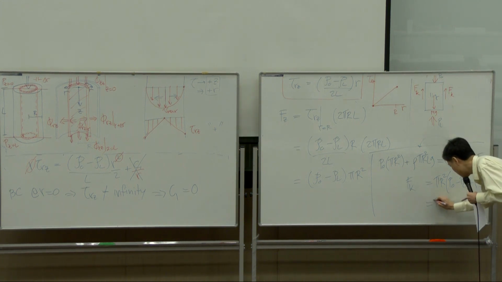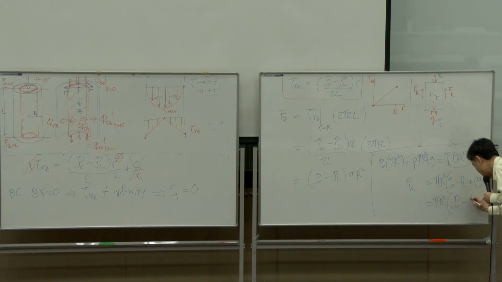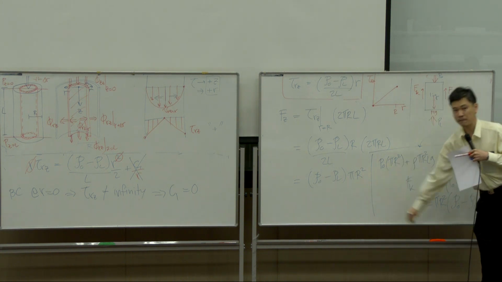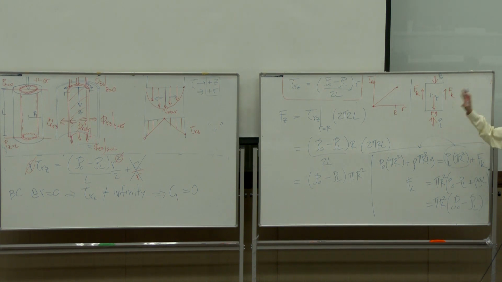So you end up with pi r squared times modified pressure P0 minus modified pressure PL, exactly like what we did here. So whether you do it from microscopic balance, from shear balance, or macroscopic balance, you should get the same answer.